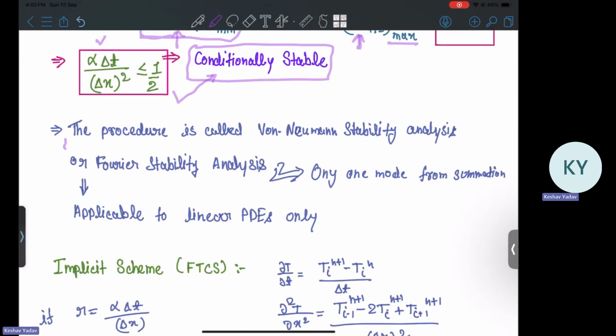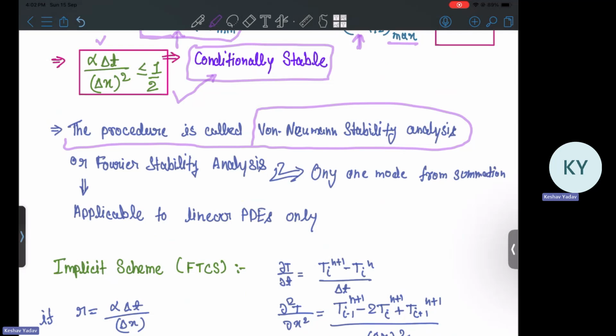Whatever the procedure that we have used, it's called the von Neumann stability analysis or Fourier stability analysis. Here what we did, there are n modes involved in the error, but we have considered only one error mode. Then we did the analysis.